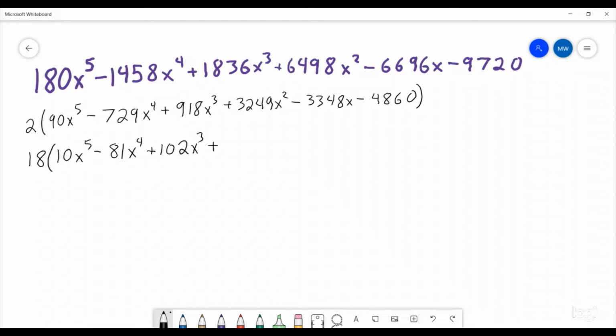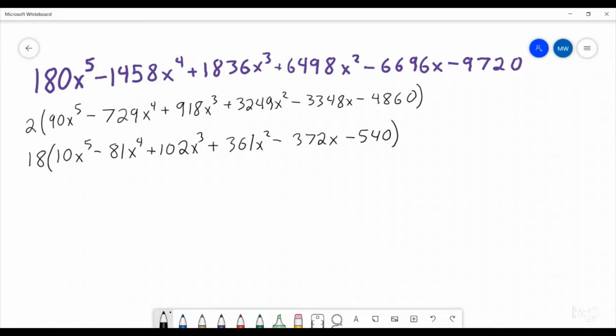Let me just do this in a calculator real quick. That is 361x squared minus, let's see, 3348 divided by 9, that's 372. And then minus 4860 divided by 9, that is 540.